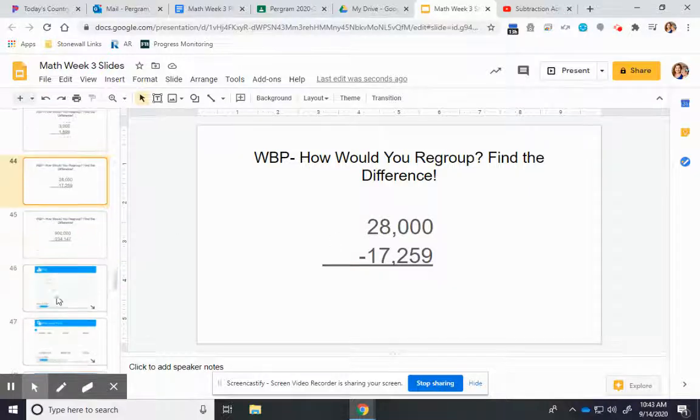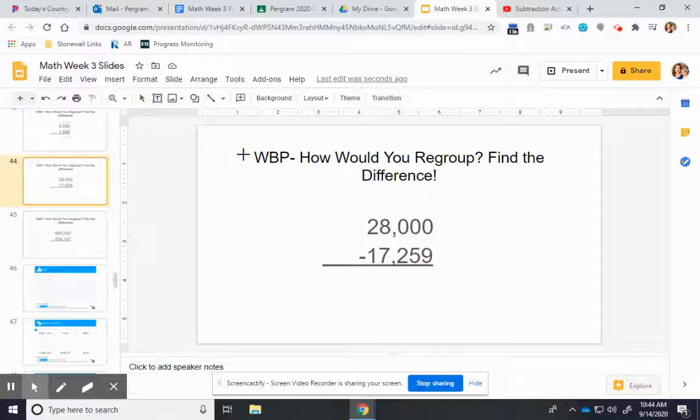Here we are going to do one more practice problem. So we are going to need to borrow. Now, with this problem, we can go ahead and look ahead. We aren't going to need to borrow anything from the number in the 10,000s place because 8 is larger than 7. And even after we regroup, you can take 7 away from 7.